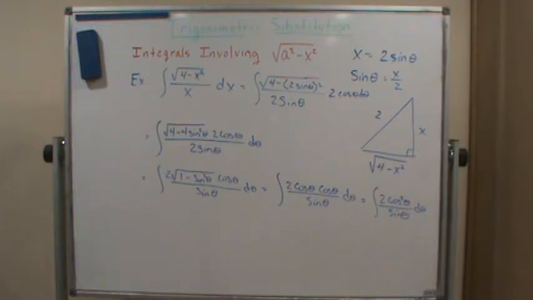We can't do a u substitution in this case because we can't make u equal to cosine, because then we get du in the bottom, or we get 1 over sine, which isn't going to work.